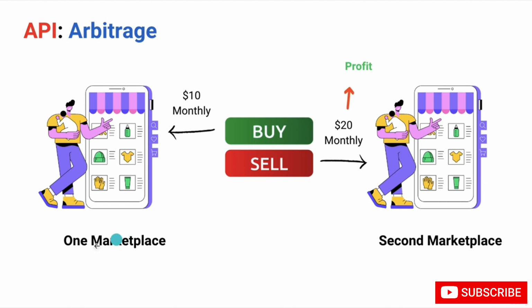So it simply means you can purchase an API from one marketplace and sell that same API to another marketplace for a higher price. Let's say you purchase for $10 and you sell the same API to another marketplace for $20.